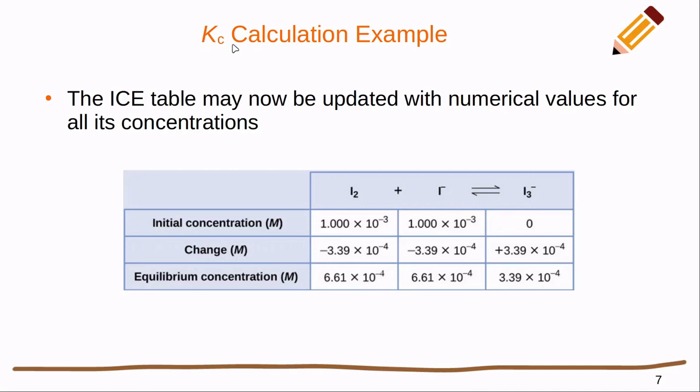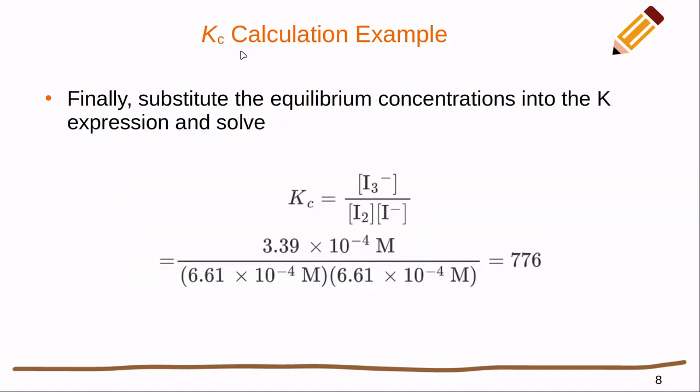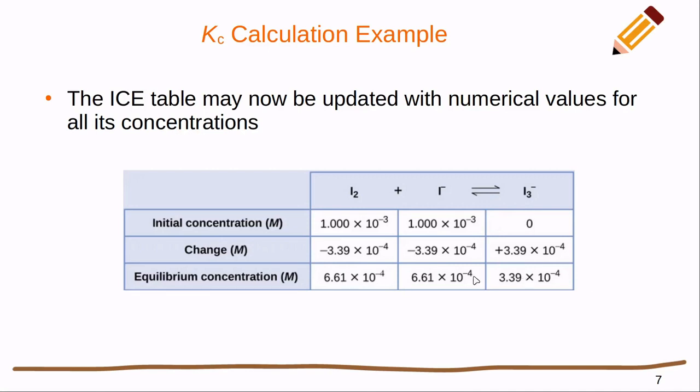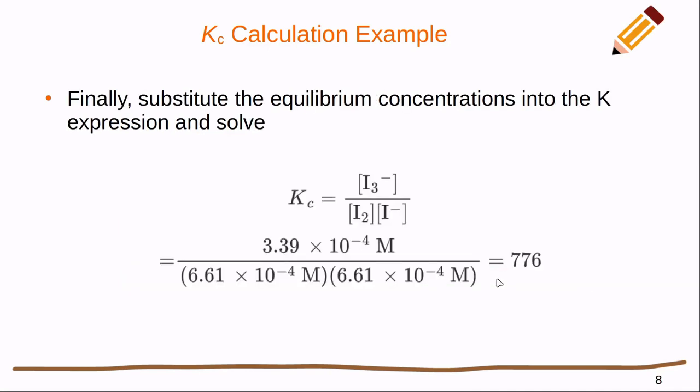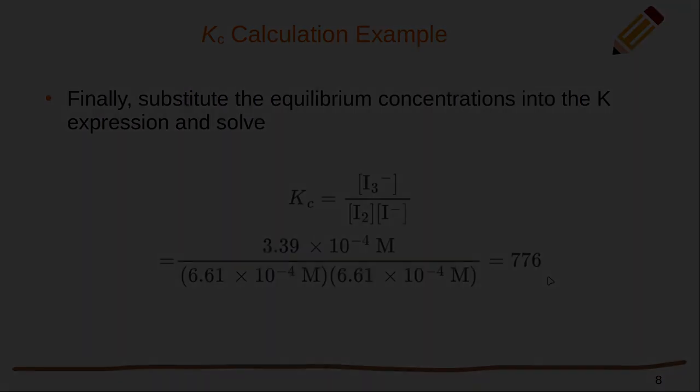Now, remember that our goal was to calculate Kc. So I need to look at that reaction, come up with the expression for Kc, plug in these equilibrium concentrations from down here, and then I can finally calculate the value of Kc.